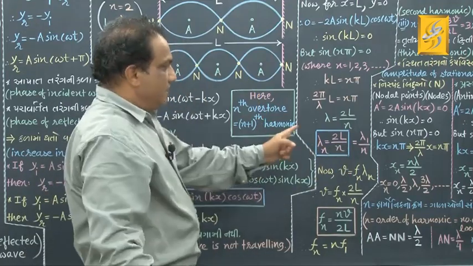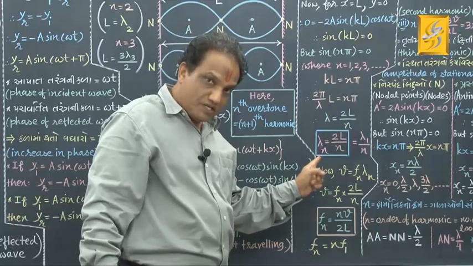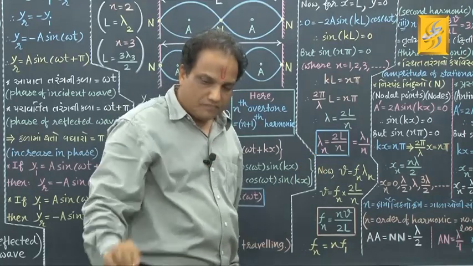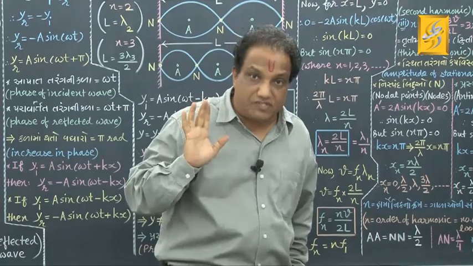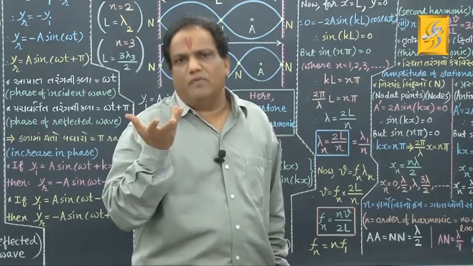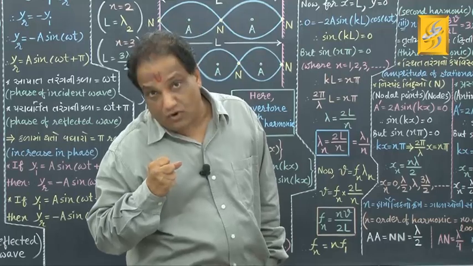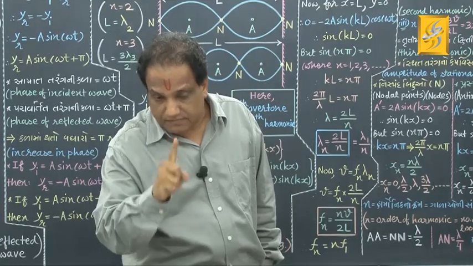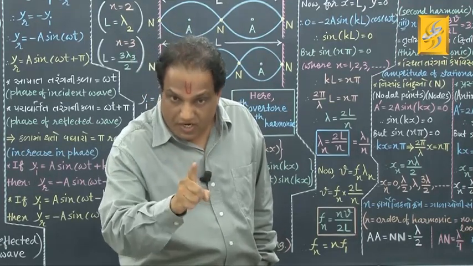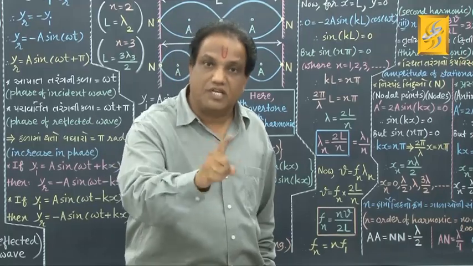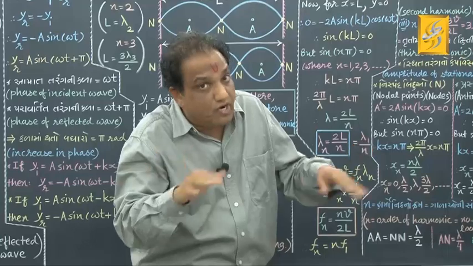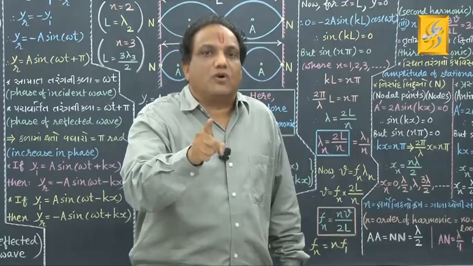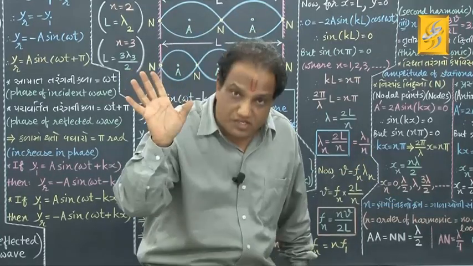Wait. There is one concept here you must understand. What is that concept? Quantization of a given physical quantity. What do you mean by quantization of a physical quantity? If any given physical quantity assumes certain specific values only and cannot assume the remaining values, then that quantity is said to be quantized.